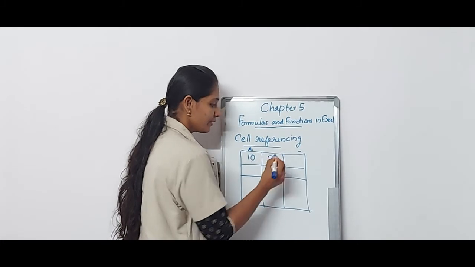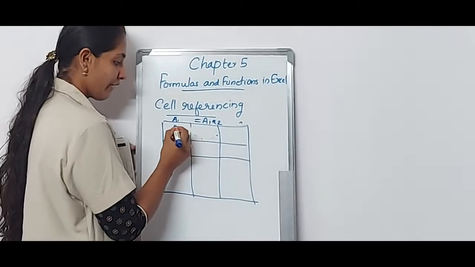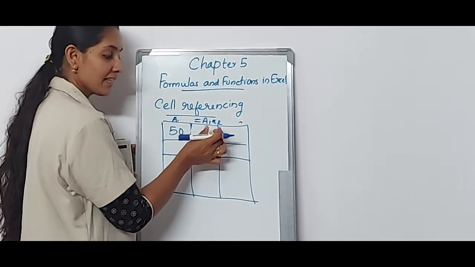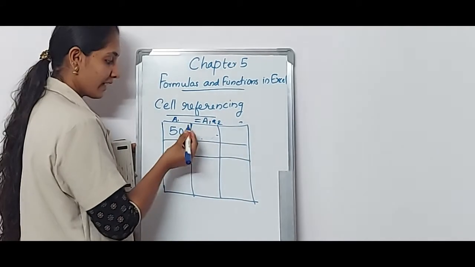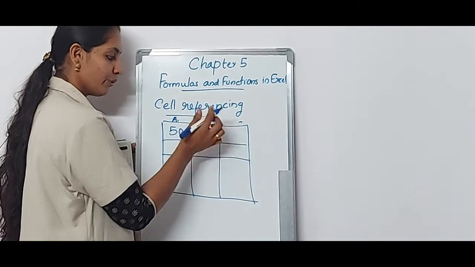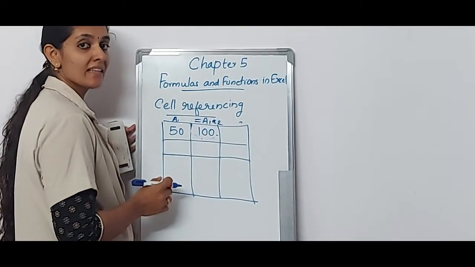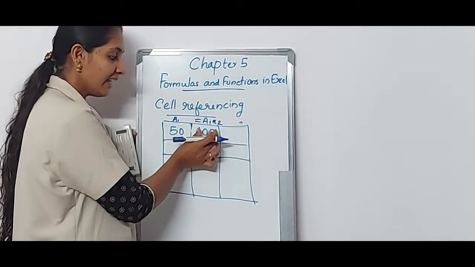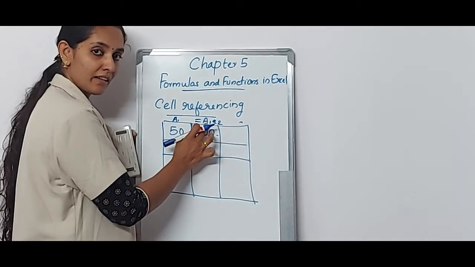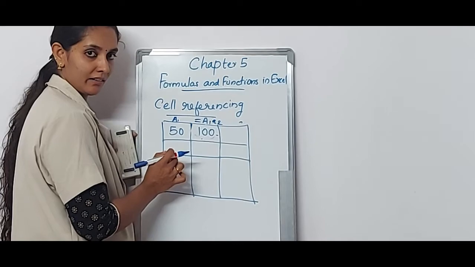Another example: if I change the value of A1 to 50, the formula of this cell is A1 into 2. That is, the value of A1 is 50, and 50 into 2 is 100. So this is known as cell referencing. In this formula, A1 into 2, we are referencing the address of cell A1.